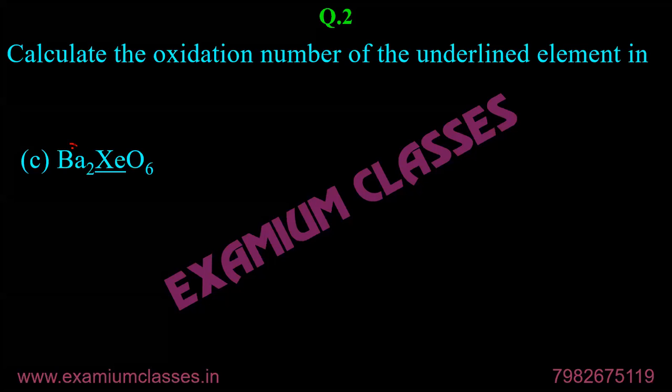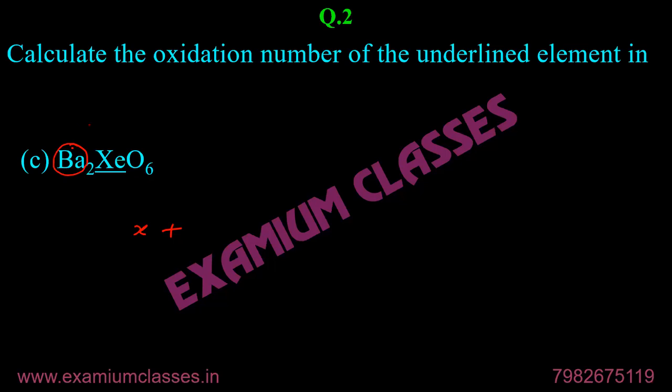Here, barium xenate, Ba2XeO6. You have to calculate the oxidation number of Xe. Consider it as X and tell me the answer. Okay, good. However, check again. Karan, Tuhina. Okay, good. It's simple.